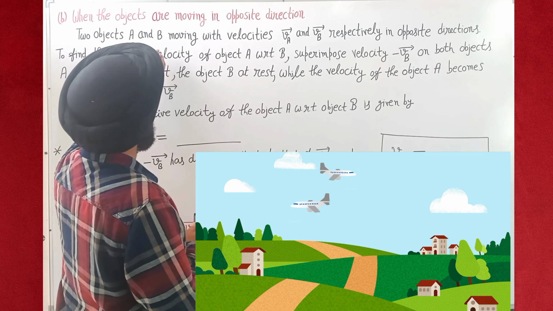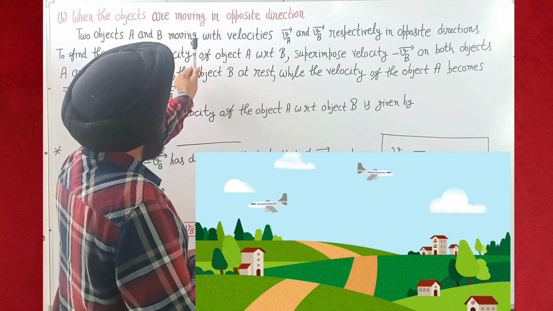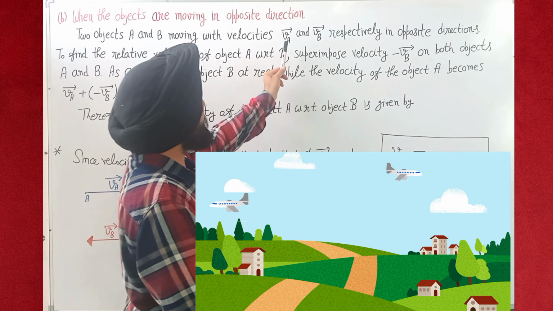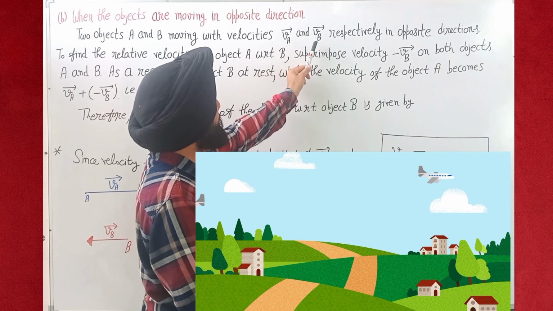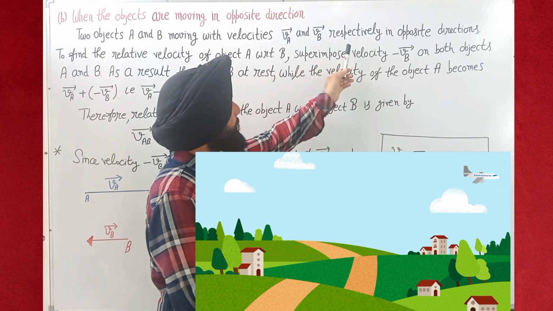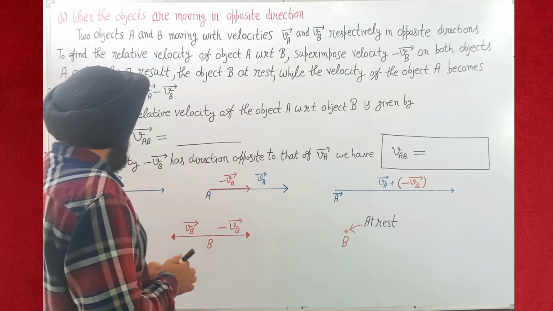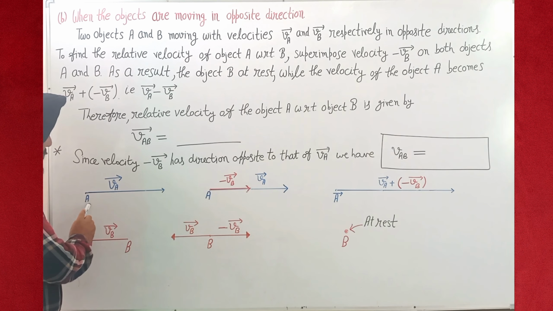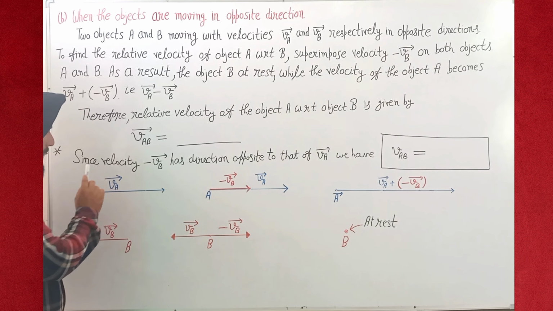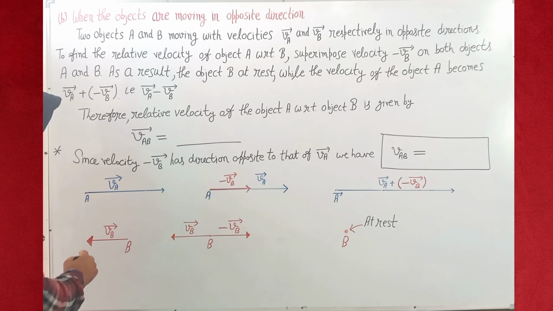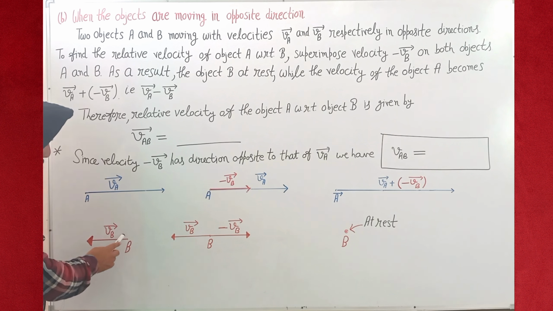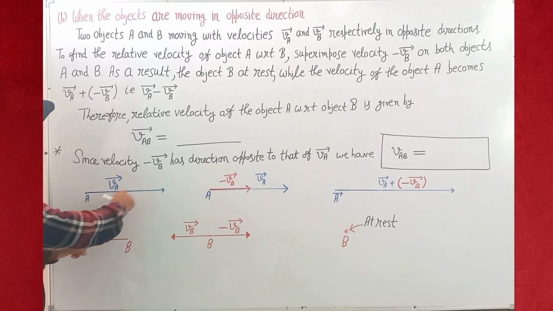Two objects A and B are moving with velocities VA vector and VB vector respectively in opposite directions. Here this is the object A moving with velocity VA vector and object B moving with velocity VB vector in the opposite direction.